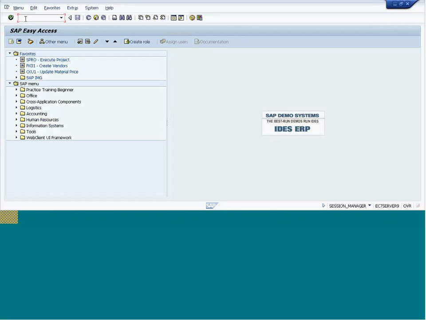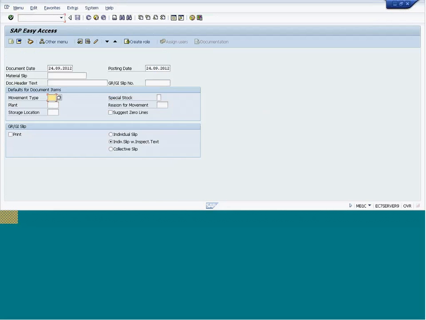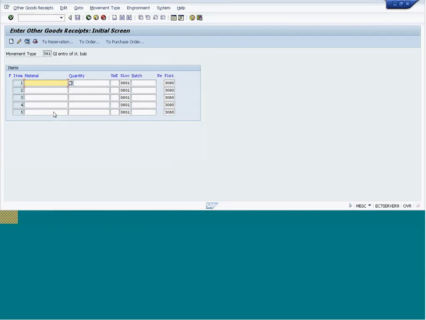Just 1 second. MB1C, and I'm giving 561 movement. This is a great way of checking the values. And 0001, I'm going inside and taking raw material 8. Right now it is not valued, so I'm giving $10 here.